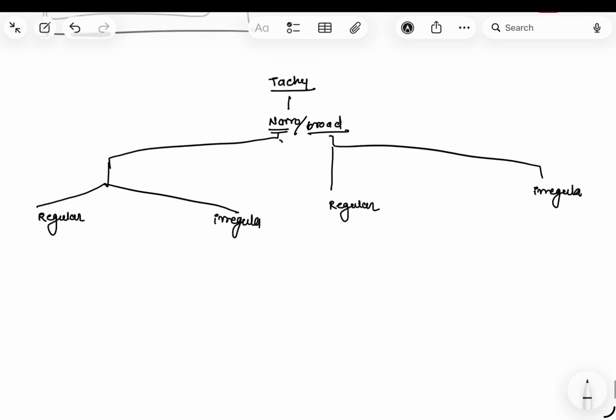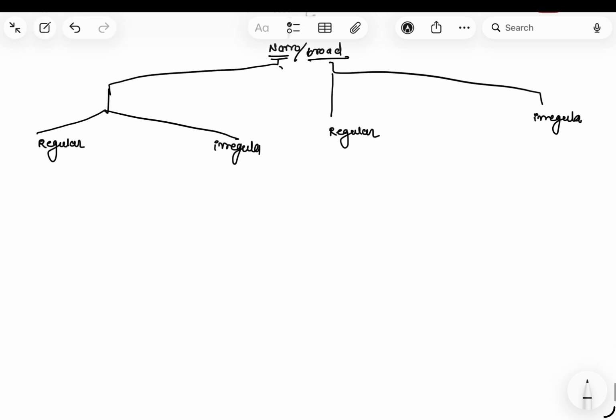Okay. So what are the regular narrow complex tachycardias? Regular narrow complex tachycardia is sinus tachycardia, or AVRT, or AVNRT, or atrial flutter.